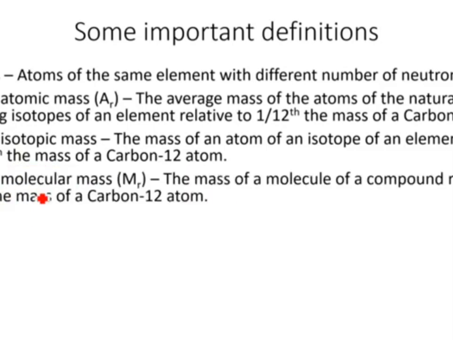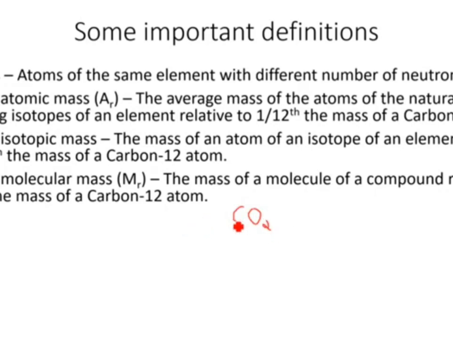So relative molecular mass is the mass of a molecule of a compound relative to 1 by 12th the mass of a carbon 12 atom. In this case we don't have an atom, we have a molecule. So for example, we have the carbon dioxide molecule, which has one carbon atom and two oxygen atoms.